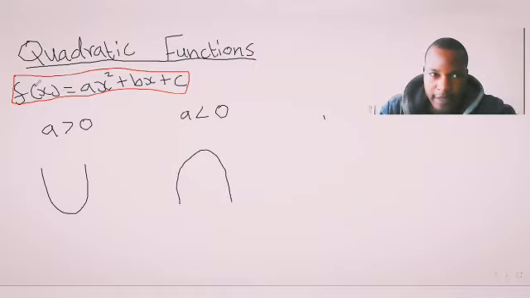Also remember that f(x) is just the notation of functions, so that is how we write out or represent functions.